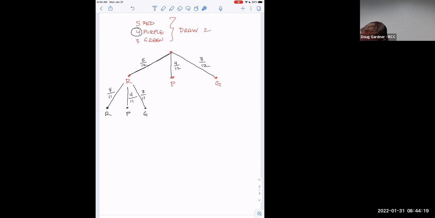So let's keep going. So this could be red, this could be purple, this could be green, and the same would be true for this last one.